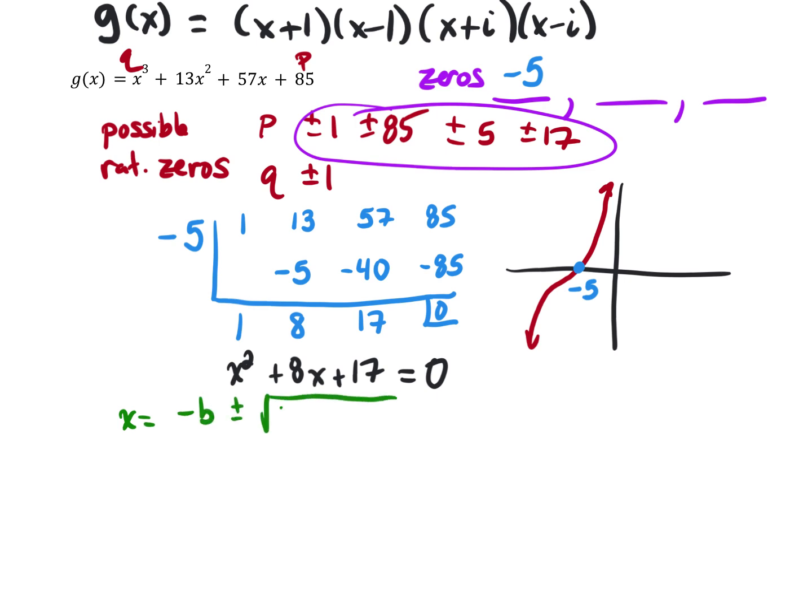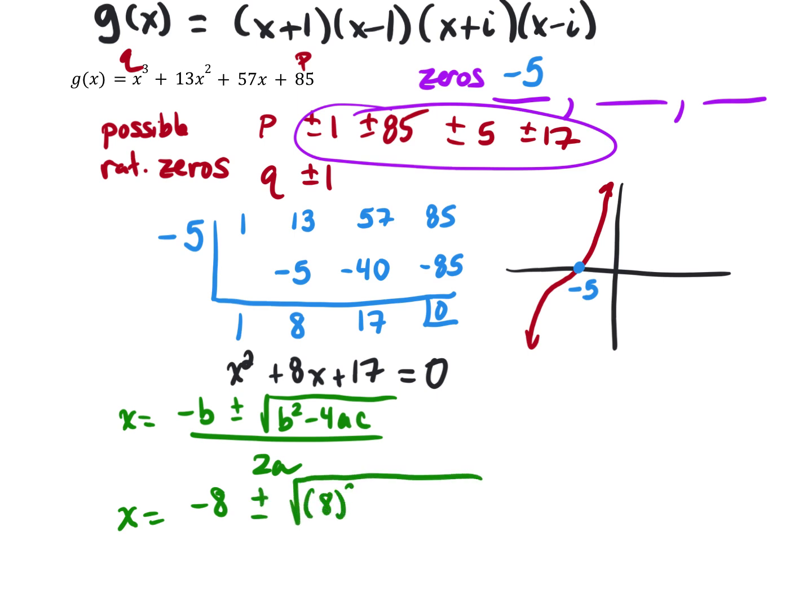So negative b plus or minus the square root of b squared minus 4ac, all over 2a. So opposite of b is negative 8 plus or minus the square root of 8 squared minus 4 times 1 times 17, all over 2 times 1.